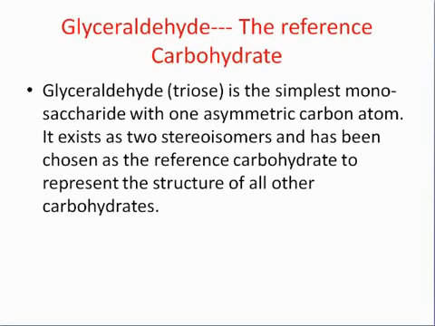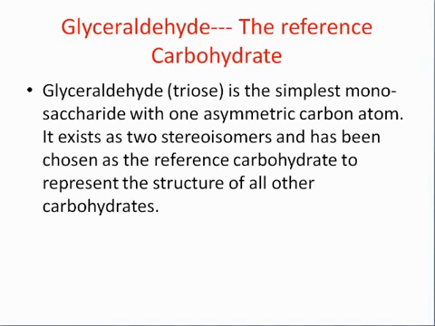So CH2O is a basic component which is generally seen in a carbohydrate structure, and depending upon the number of carbon atoms, the formula can be written as CnH2nOn. n means number of carbon atoms. And it is very important to know that the minimum number of carbon atoms present in carbohydrates is 3.